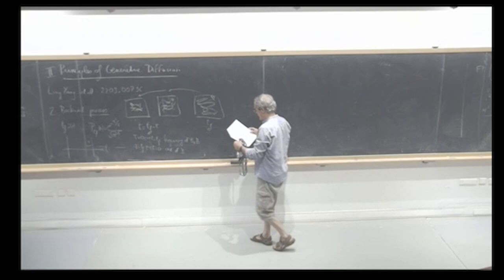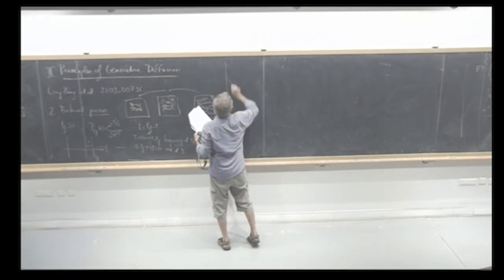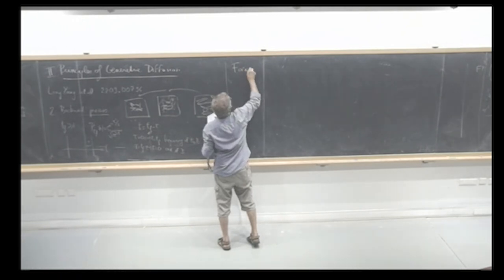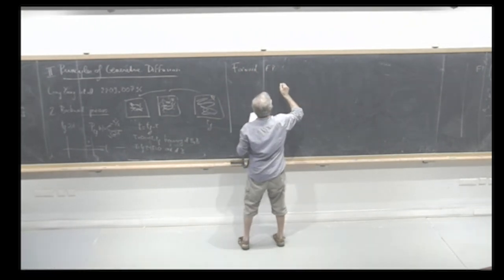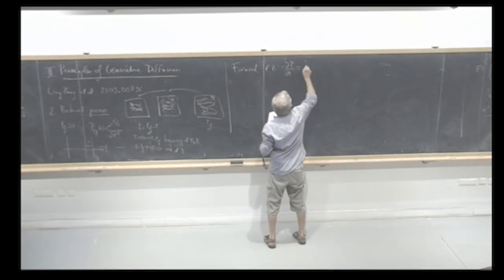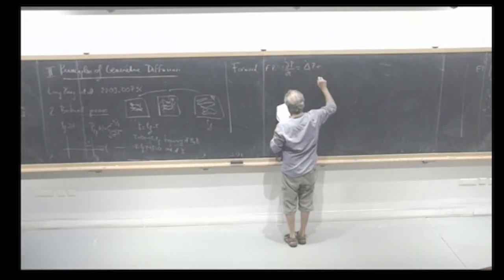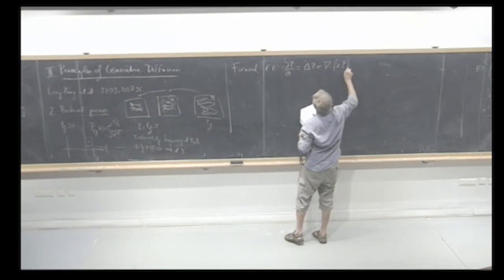So we had the forward Fokker-Planck. It was written as dp/dt is equal to Laplacian of p plus divergence of x times p.